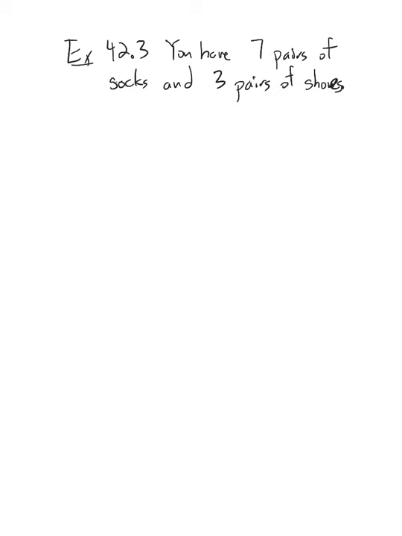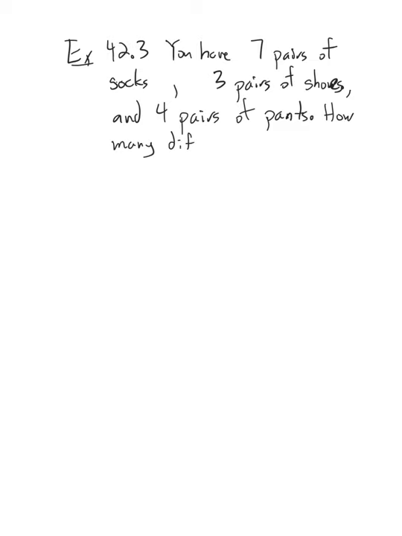Oh, let's put some pants in there as well. So make this a comma, and then let's say 4 pairs of pants. How many different choices for your clothing do you have?